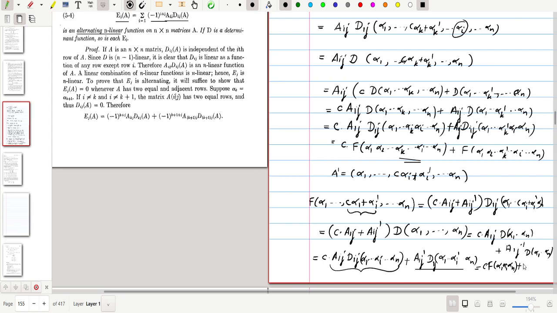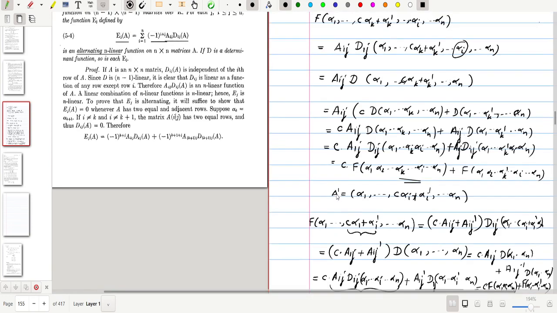So this is the same as f of alpha 1 etc., alpha I prime, etc., alpha n, which shows that this f has linearity in the row alpha I itself. So this f has linearity in all the n rows. Then this f is an n linear function.